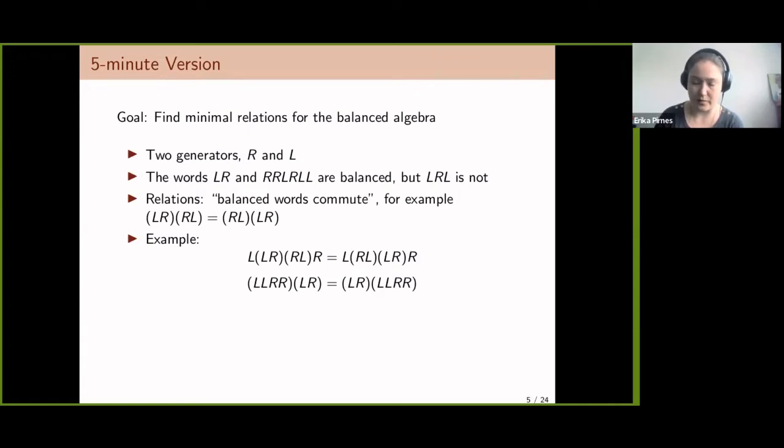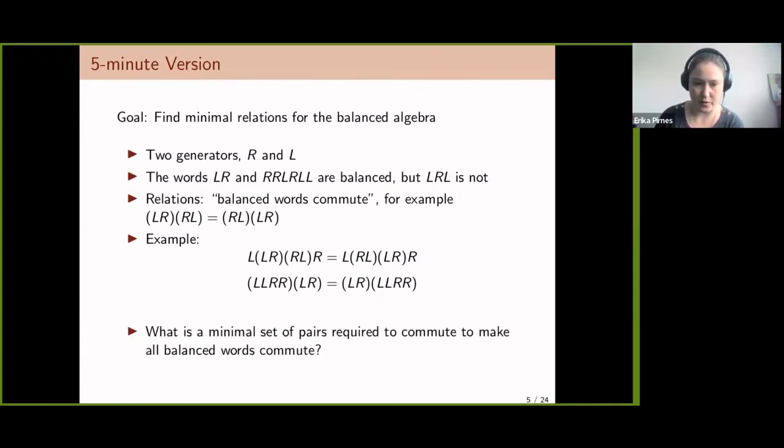We'll get back to more examples later. Our question is, what is the minimal set of pairs of balanced words that I want to require to commute so that all balanced words would commute? For example, in the previous example, if I allow R and RL to commute, then LLRR and LR will also commute. So the second one is not required anymore.